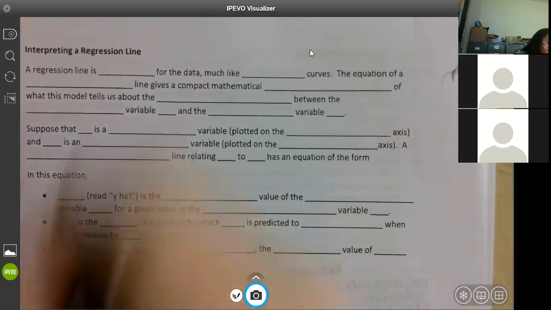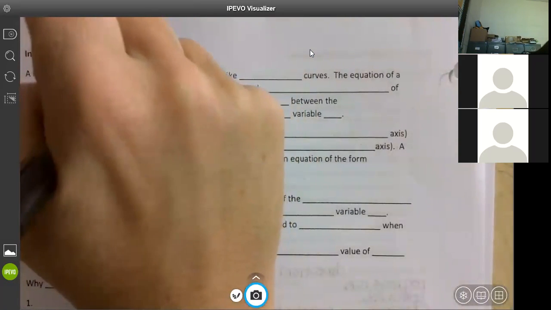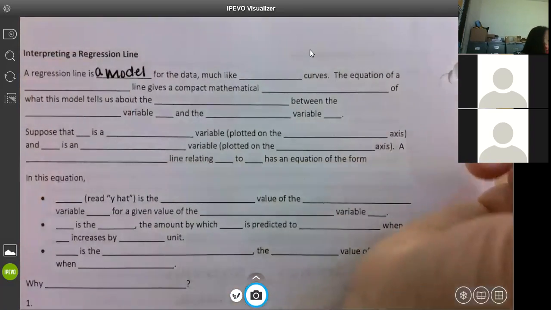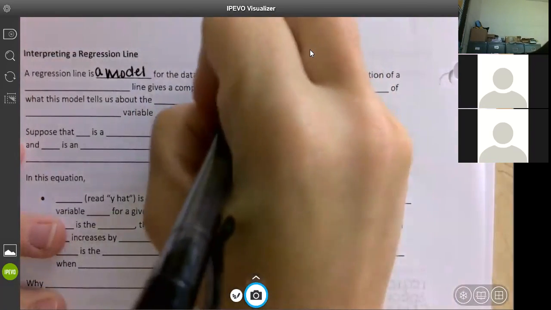A regression line is a model for the data, much like density curves.